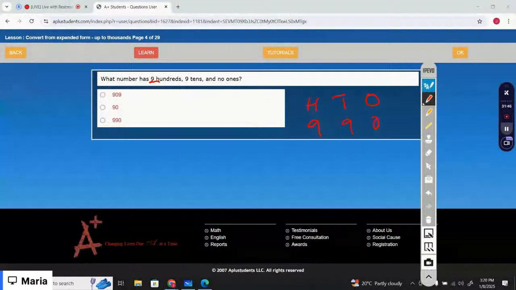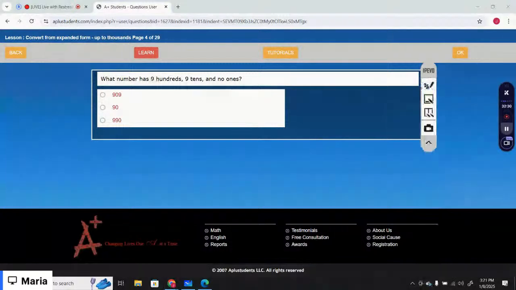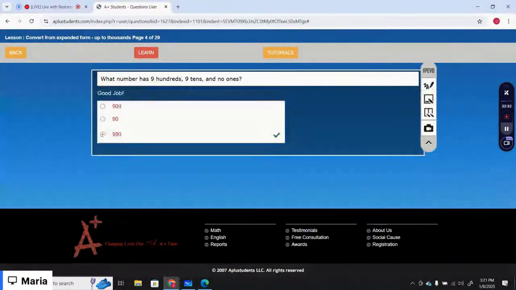That means the ones digit is 0. Option number 3 is the correct option. That is 990.